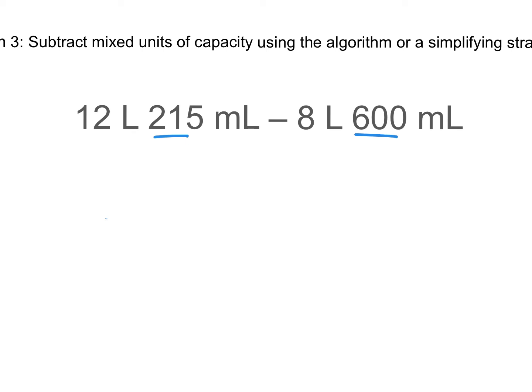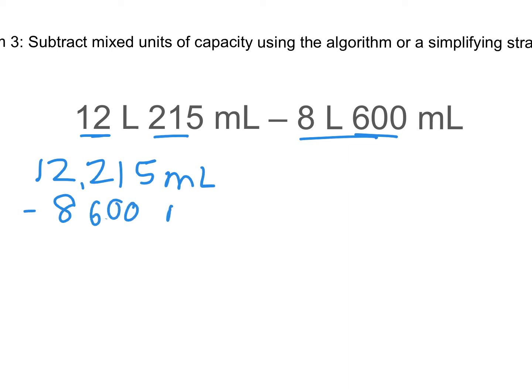So let's go with the 12 liters and turn the liters into milliliters. So that 12 liters is 12,000 milliliters, 215 milliliters. And then let's subtract our 8,600 milliliters and see what we come up with.